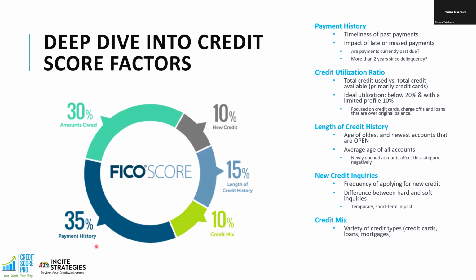Now, where there's nuance in this category is a positive closed account no longer affects your credit. Your client's going to see those positive closed accounts on their credit report and assume that those are helping their credit scores, but they're not factored into their score anymore once they close them. Which means as they're getting ready to apply for a mortgage, a lot of times you will see clients pay off credit cards and close them, or pay off auto loans or other types of loans and close them.